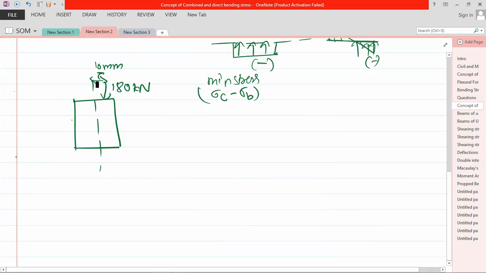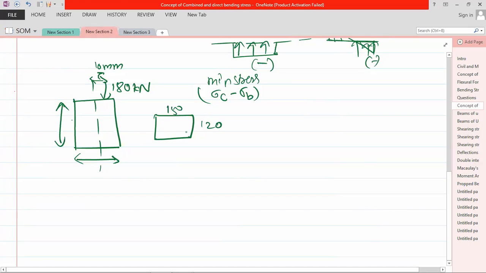You are given this height and length. Sorry, you can say this is the width, this is the height, and if you see from the top, it will be like this, and the cross sections are 150 by 120.